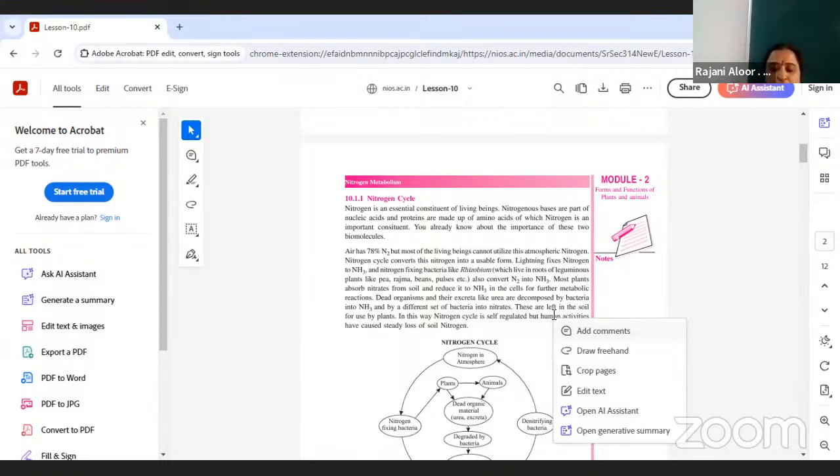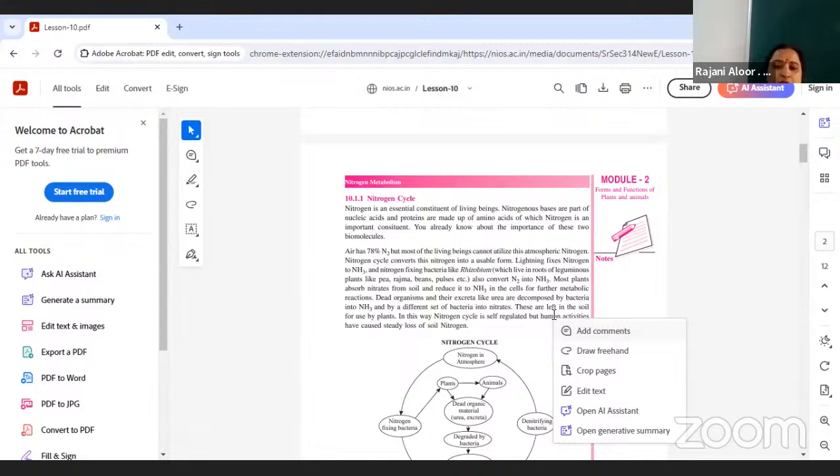Molecular nitrogen is absorbed only by prokaryotes, such as N2 fixing bacteria: Azotobacter, Rhizobium, and blue-green algae, Anabaena and Nostoc.